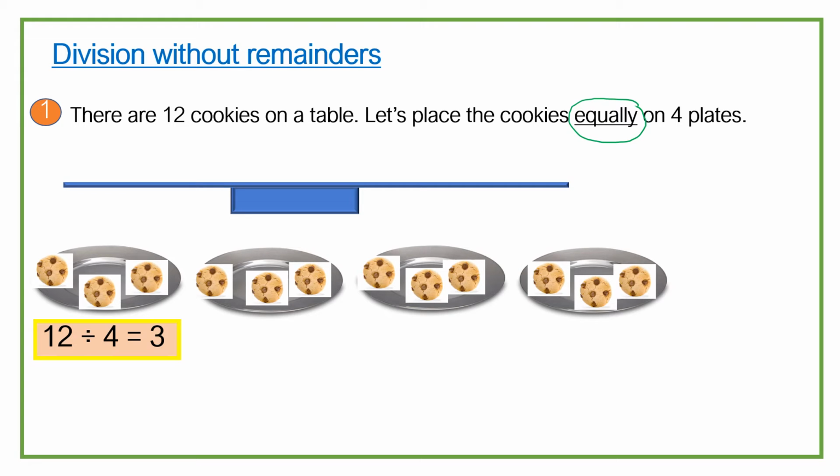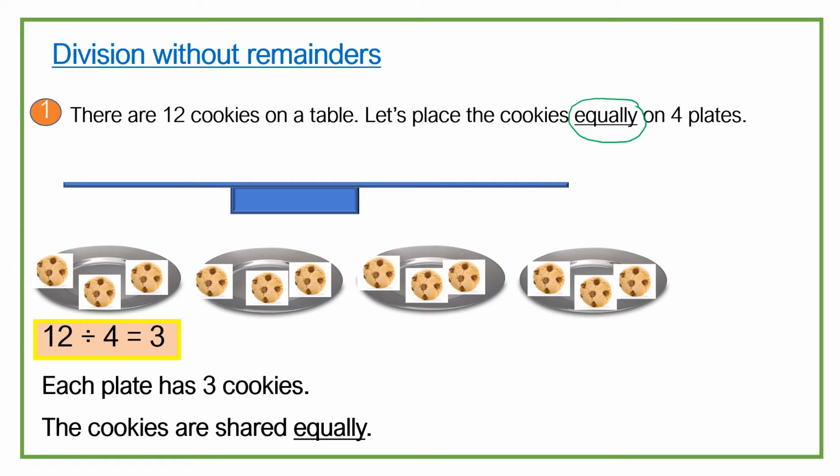So, this actually means 12 divided by 4 equals 3. Each plate has 3 cookies. The cookies are shared equally.